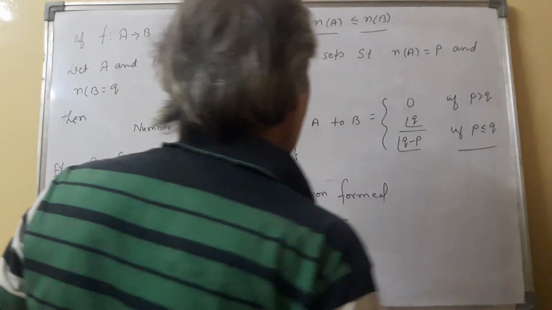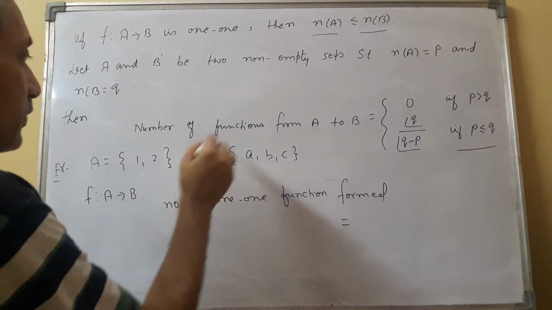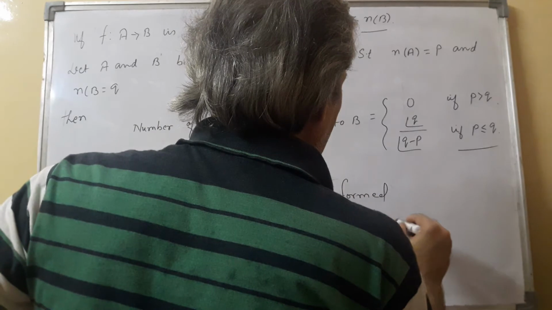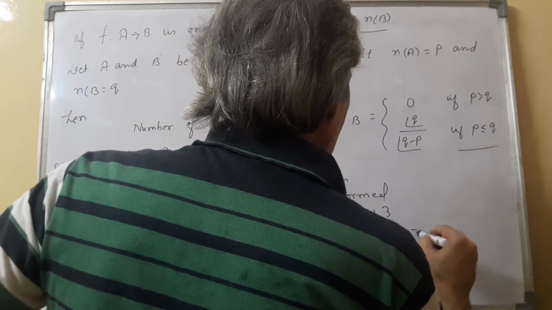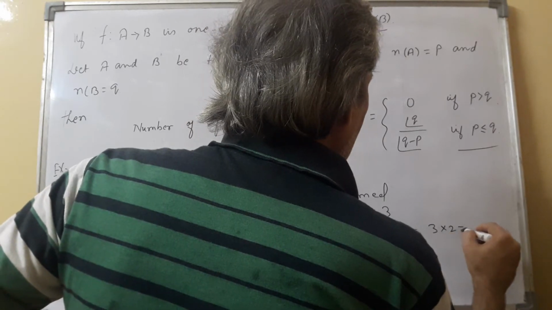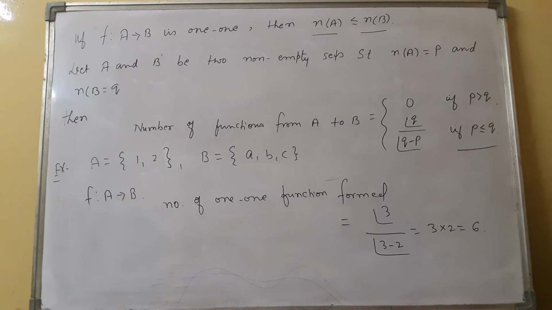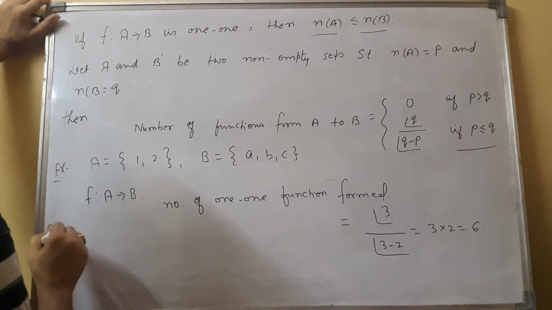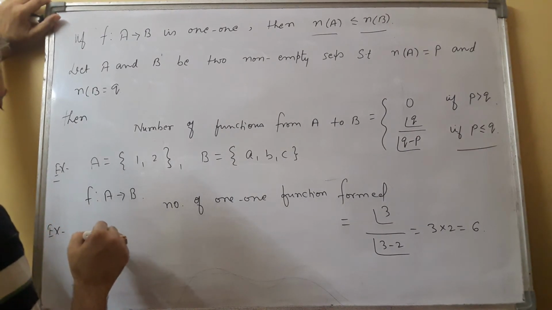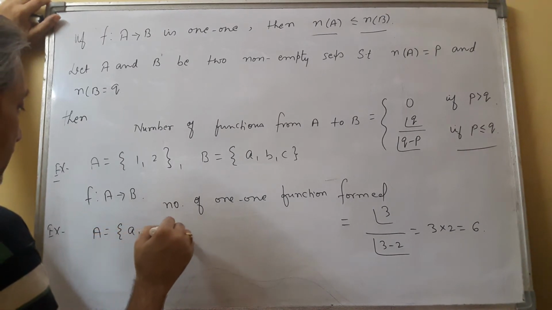So number of one-one functions formed will be equal to what? Here P is 2 and Q is 3. So factorial 3 upon factorial 3 minus 2. So in total we will get 6. Answer will be 6. Let us take some other example. Suppose A has a, b, c, 3 elements.